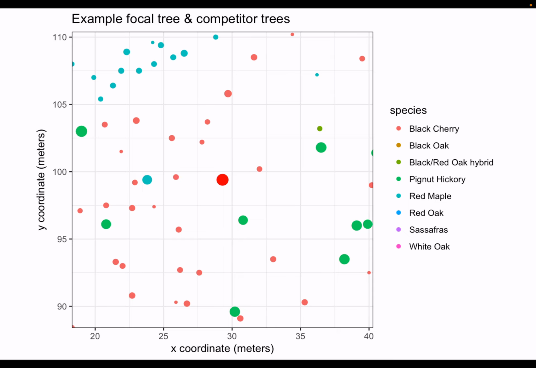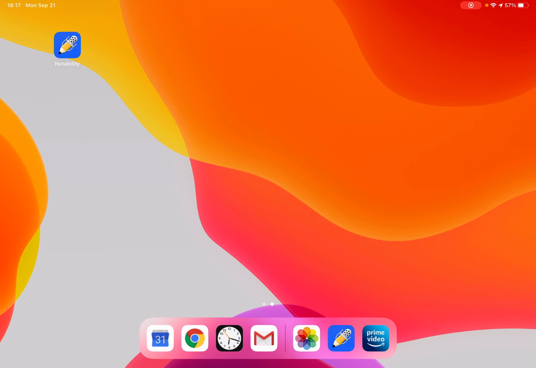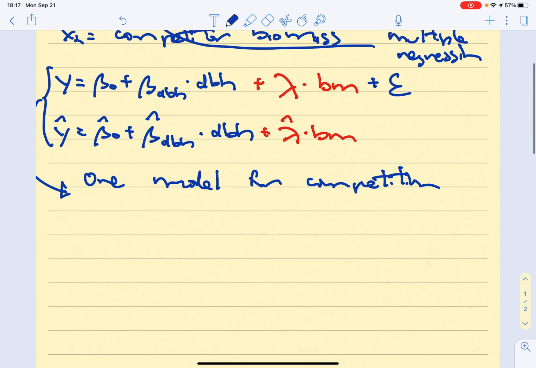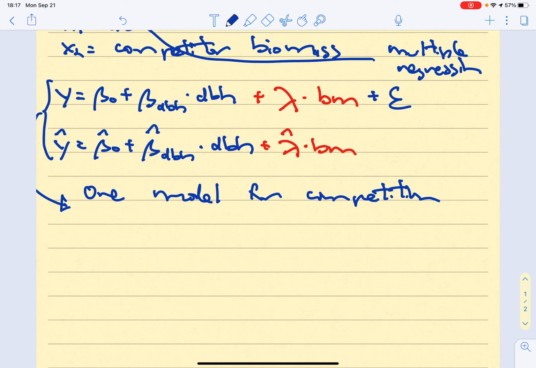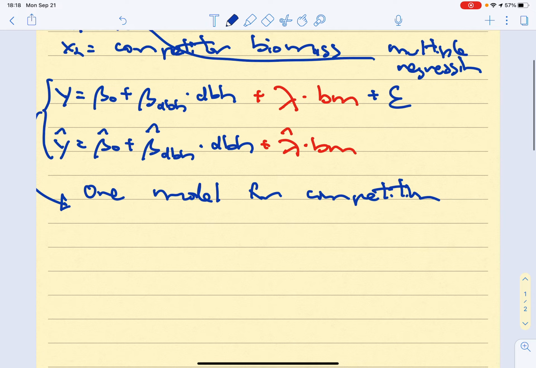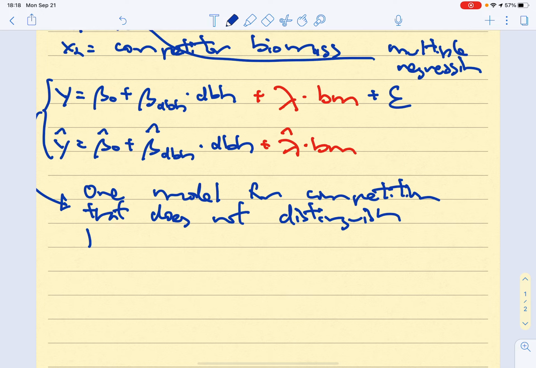So now we are taking into account the species of the competitors. Going back here, this is one model for competition that does not distinguish between competitor species.